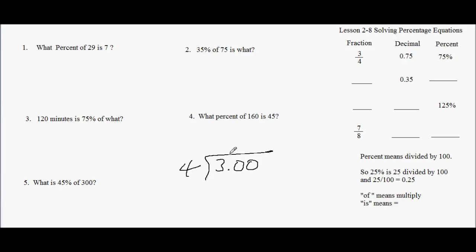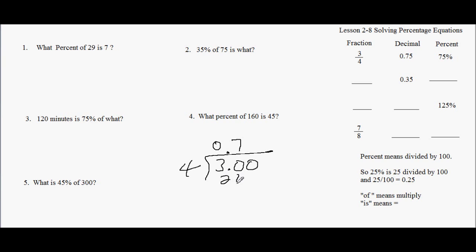Nobody knows how to use that anymore, except those old farts. I mean, old people. Sorry. So the 4 goes in. You put a decimal point down, then you put zeros, place values, and you just start dividing the 4 into this thing. Well, it doesn't go into the 3, but it goes into 30, and it goes in 7 times.